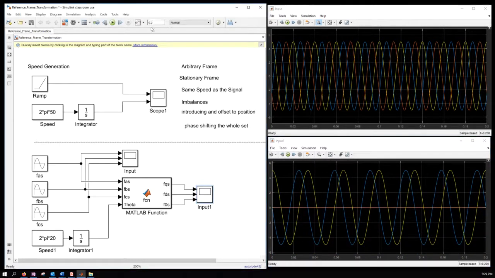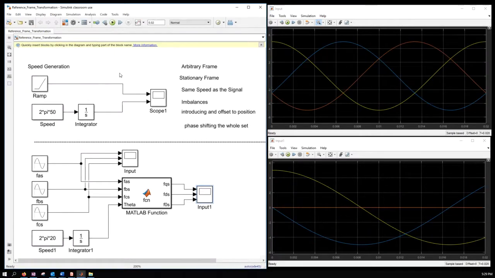Let me run this for an even shorter time to see if we can get a very nice view of the waveforms. There we go, now that's very nice. We have the cosine waveforms, and since we are rotating at an arbitrary reference frame at 20 hertz, we can see that the signals in the reference frame also look sinusoidal.